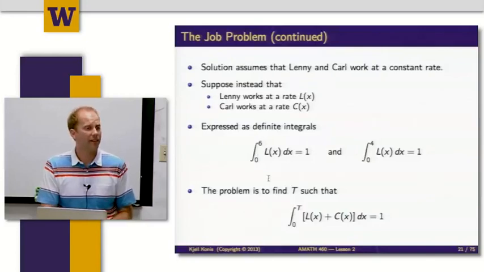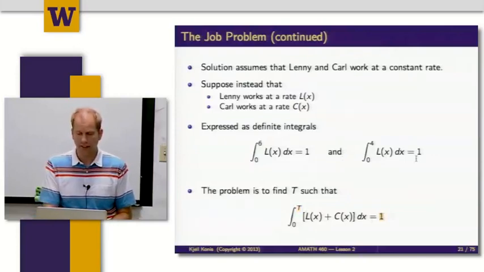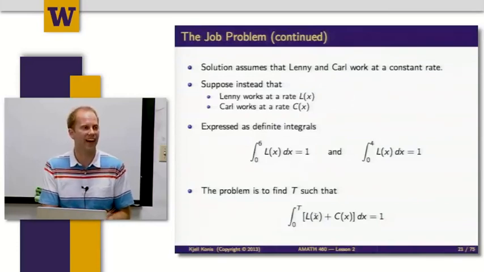And so now my job question is, can I find a capital T, so that's a time, so that when I add these rates together, I get 1. Now this is not quite as nice a problem, because there are actually a whole bunch of different rates that I could add together that would give me this condition.